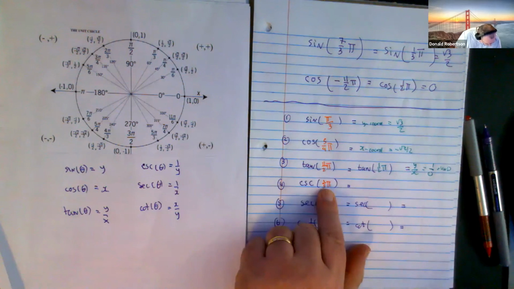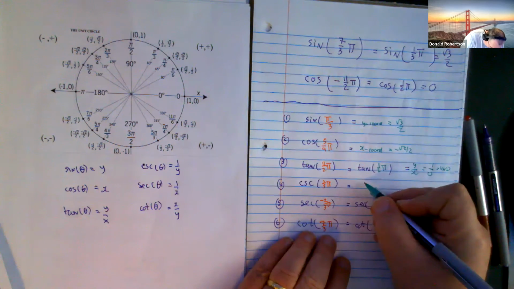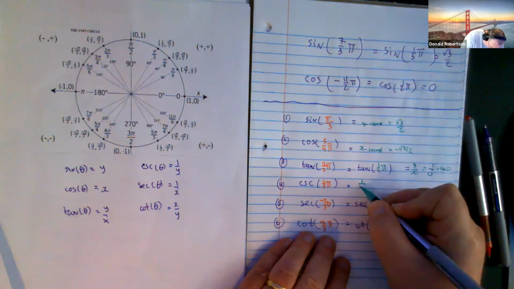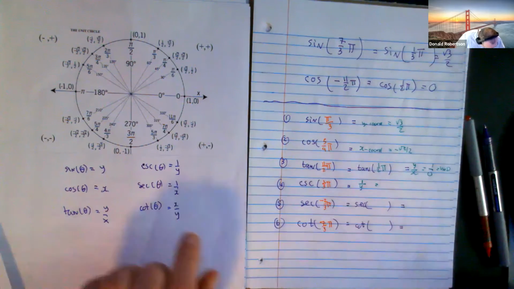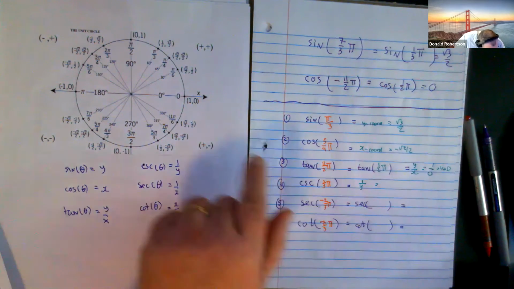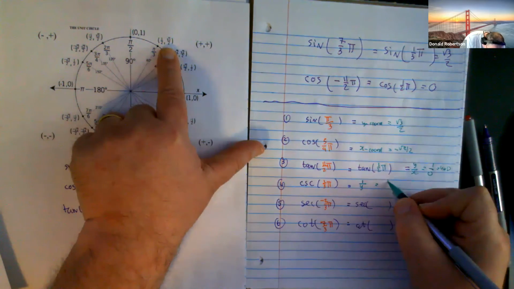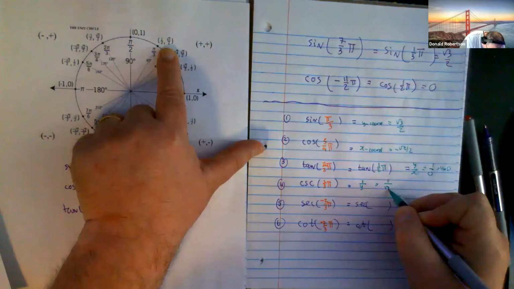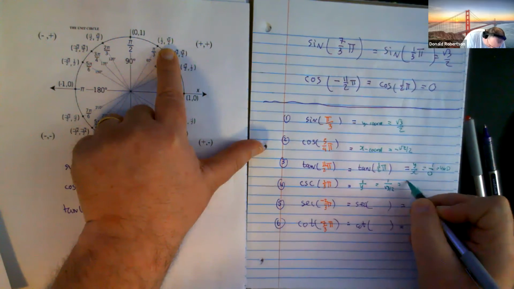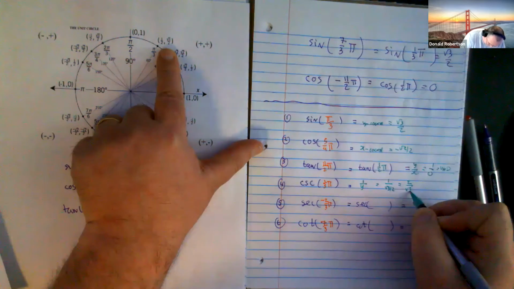Now, if you want to do a cosecant, it's basically just 1 over the y coordinate. And so let's find out where 1/3 pi is. It's over here again. And if you do 1 over the y coordinate, you get that, which becomes eventually that.